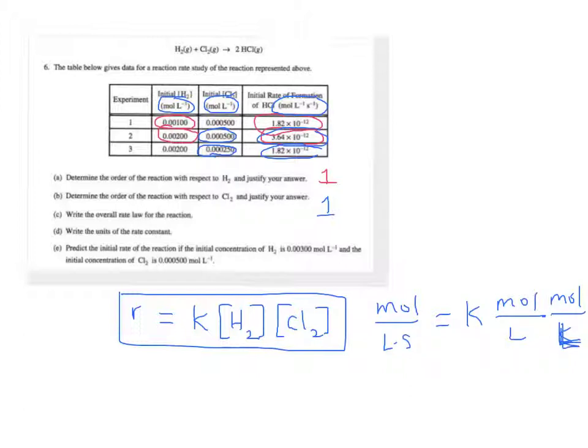So in order to get K by itself, we just multiply both sides of the equation by liters over mole twice.